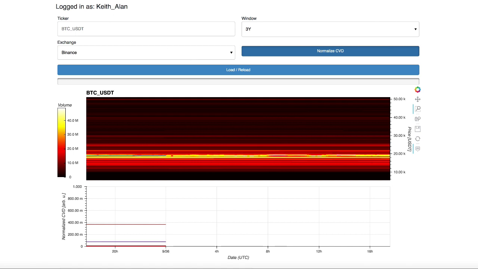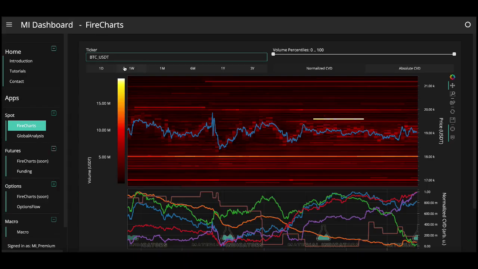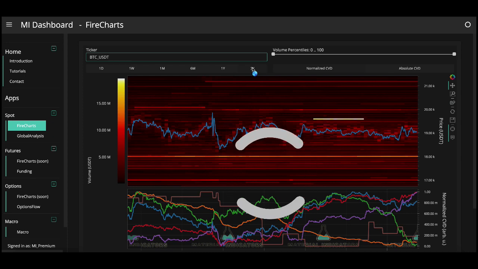Now, we have something different on our newer version, FireCharts 2.0 beta, which comes as part of the MI dashboard. This version gives us a full 3 years of order book history on most coin pairs.